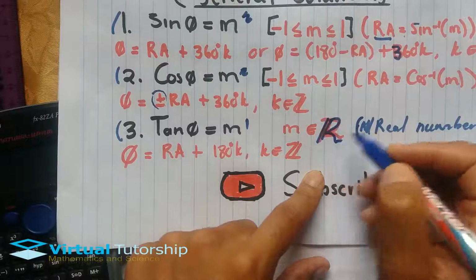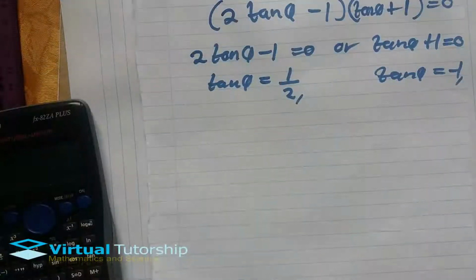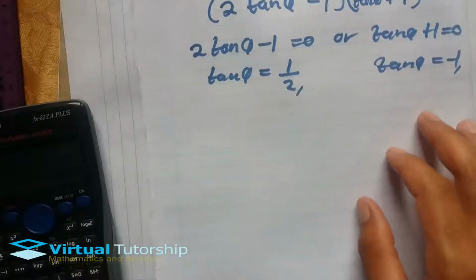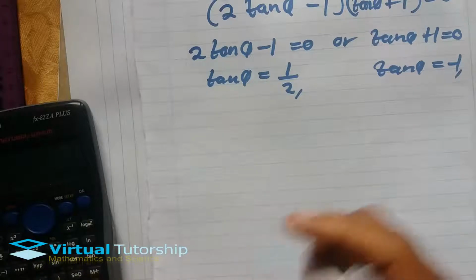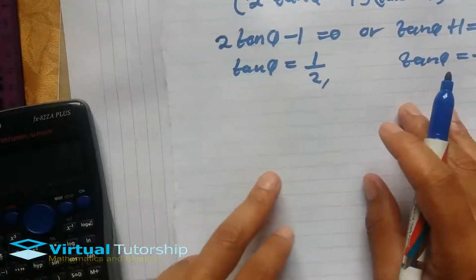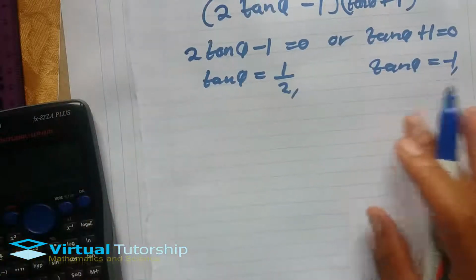A set of real numbers is any number. It can be square root of 2, whatever. But here we have a half and minus 1, so our m is fine.